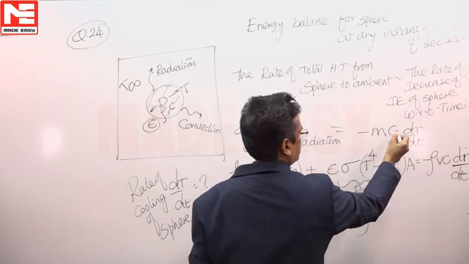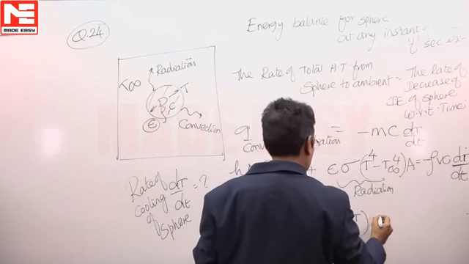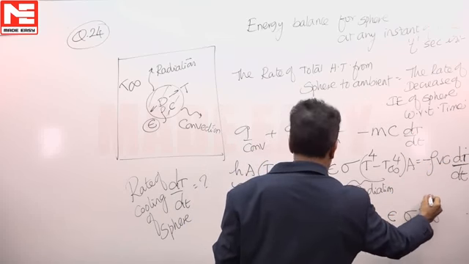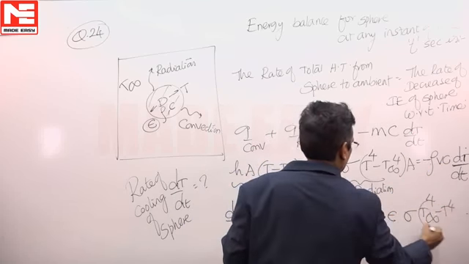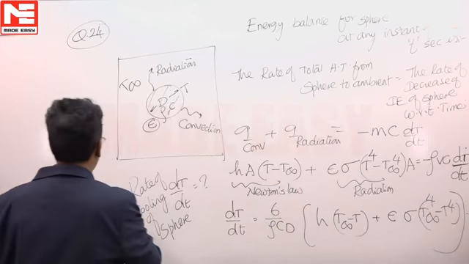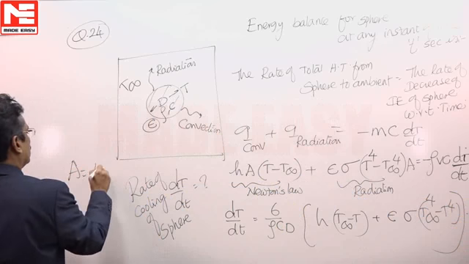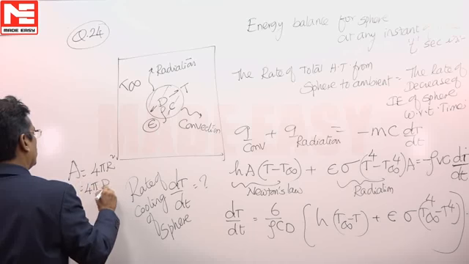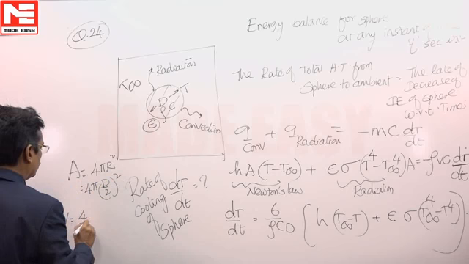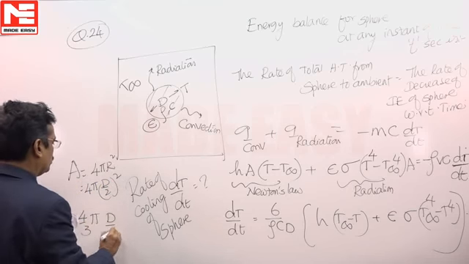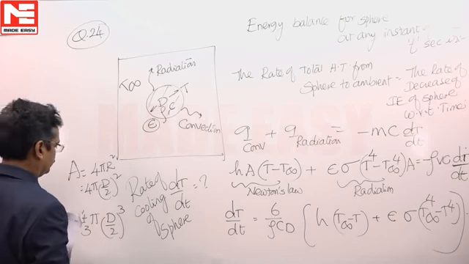The mass of the sphere is substituted as density into volume, plus epsilon into sigma into. In fact, in this particular case, the area of the sphere is taken as 4 pi r squared, that is 4 pi into d by 2 whole squared, and the volume of the sphere is 4/3 pi r cubed, that is, r is d by 2 whole cubed.